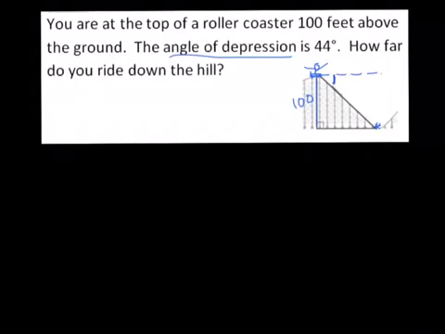That is our angle of depression, and it is 44 degrees. The question then is, how far do you ride down the hill? If we're trying to find out how far we ride down the hill, let's put an X there. We're trying to find the side length that goes from where you are to the bottom of the hill. So that's X.